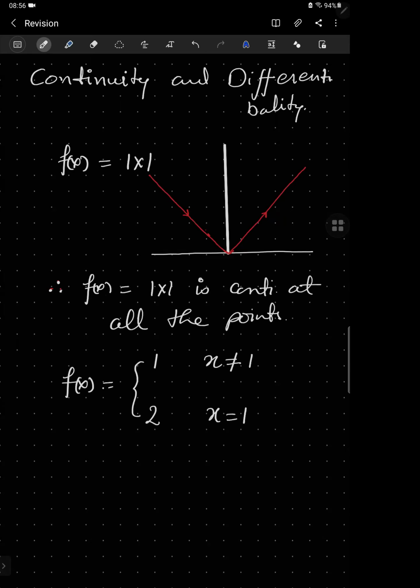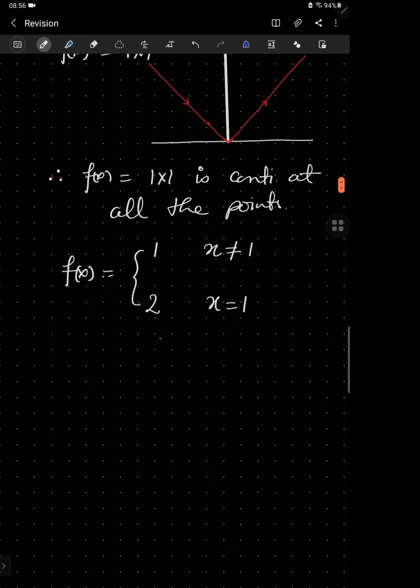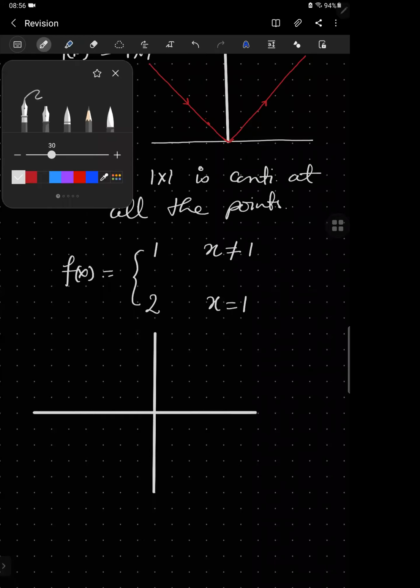Now see, when we need to make its graph, just try to concentrate. Its graph will be somewhat like this.